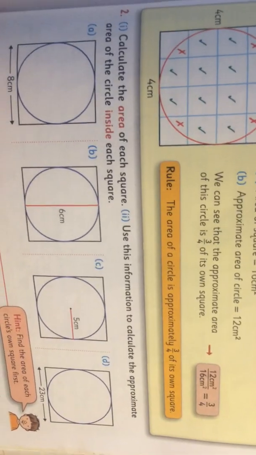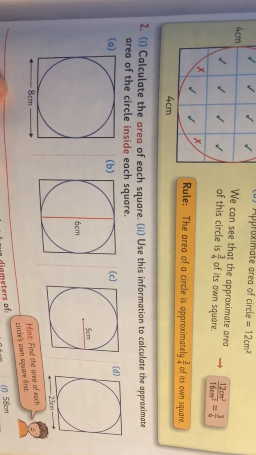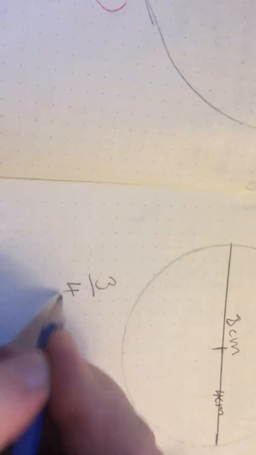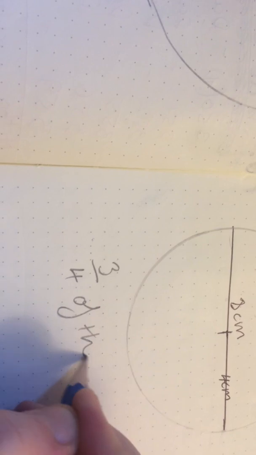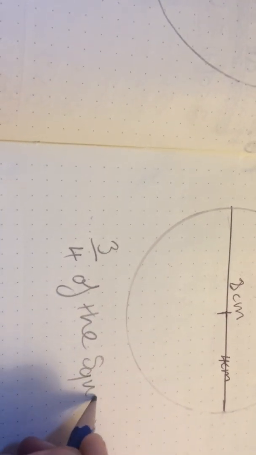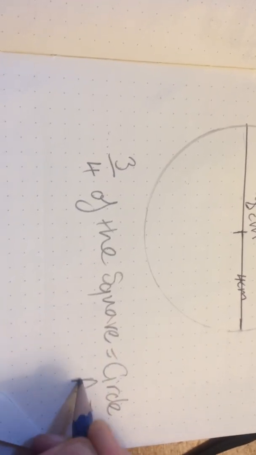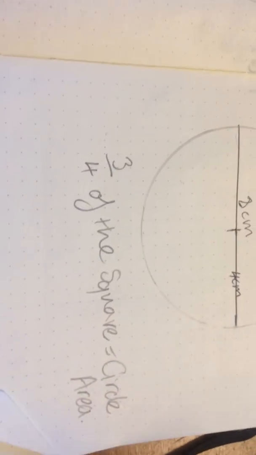So you have to calculate the area of each square and then calculate the area of the circle within the square, knowing that 3/4 of the square equals the circle area. That's your formula to work it out, okay?